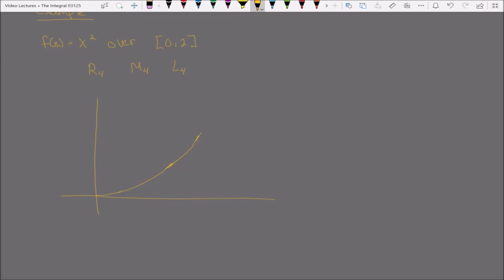If we sketch the graph, let's say this point here represents x equals 1, and we'll say this point here represents x equals 2.